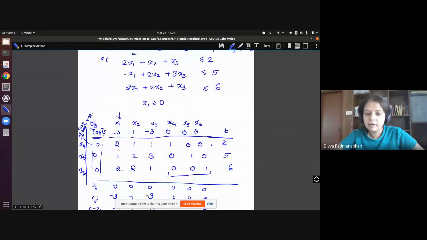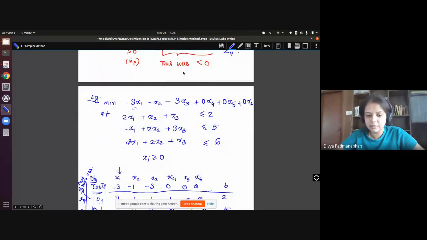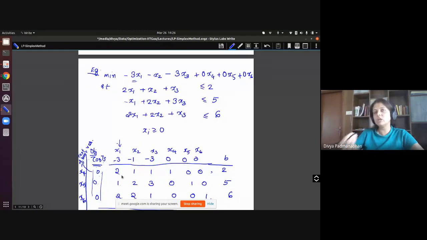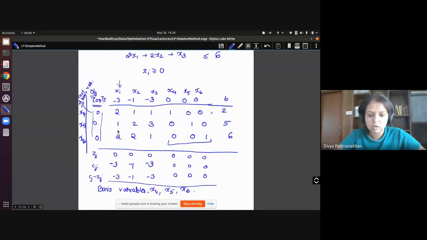And the cost here, the CP, corresponds to the cost of the non-basic variable, so in this case the cost of x1, whichever column you're proposing to include as a basic variable. So the cost of that is minus 3. I've just rewritten this here, the same thing as this.